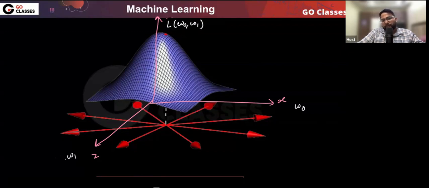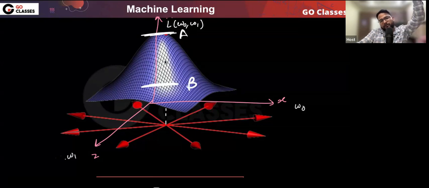Now tell me, here the loss is more, or here the loss is more? Let's suppose this is point A and this is point B. At which point do you see the loss is more? Obviously at point A, since it is vertically growing. The loss is more there, right?